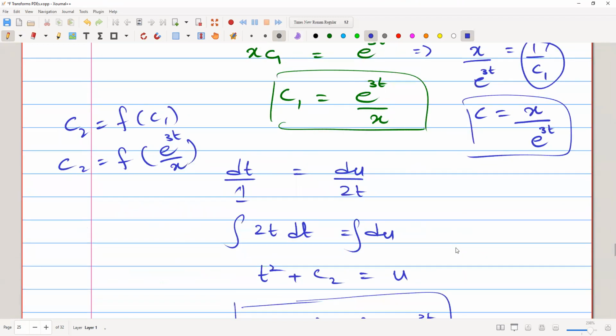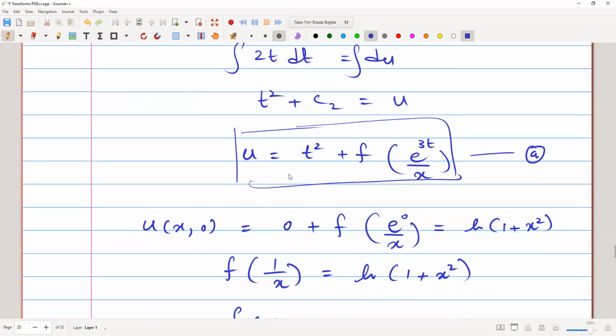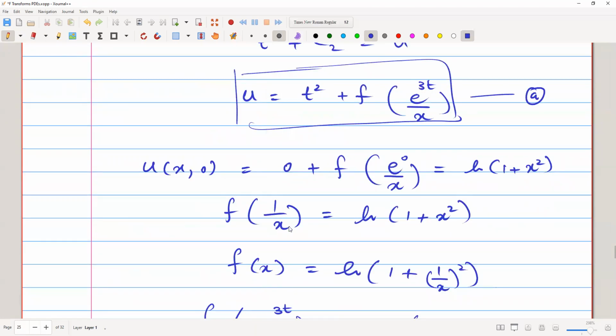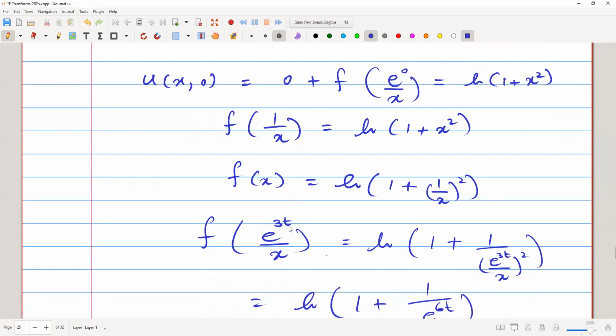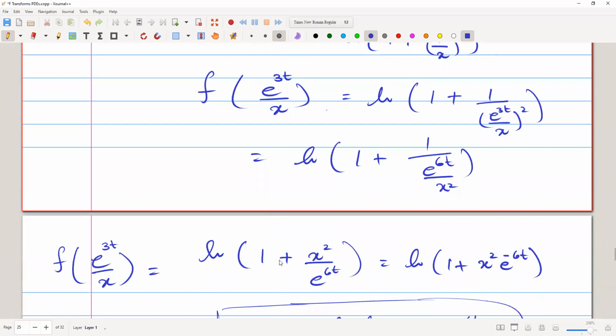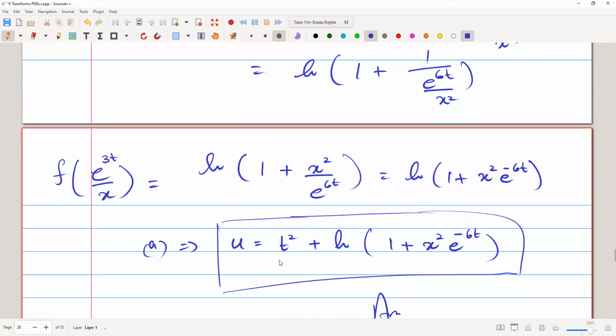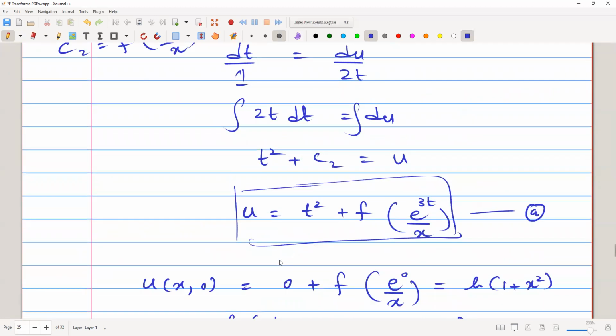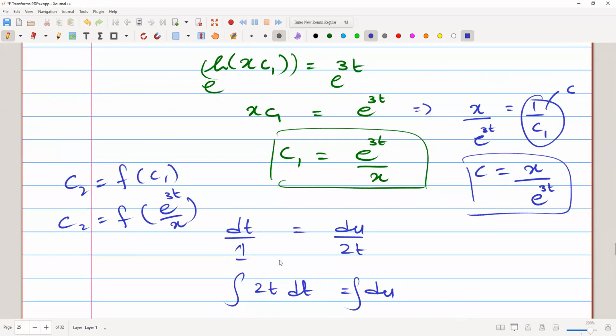Because if we have 1 over f of 1 over x, then it will make trouble, right? Because we need f of e to the power 3t over x, and x in the denominator makes trouble in finding the exact answer. But in this way we can just solve. Anyways, you can solve this problem in whichever way is easier for you.